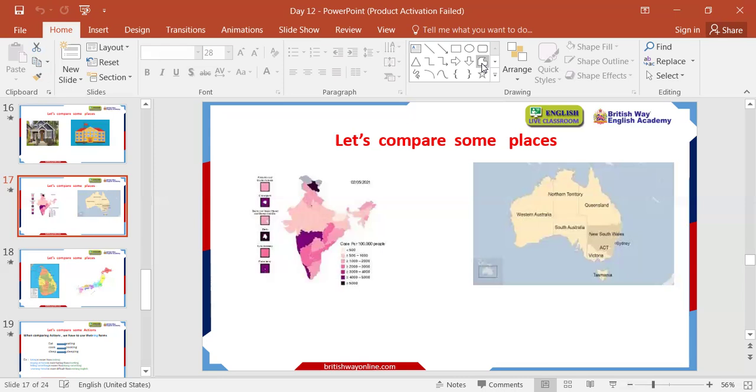Australia is colder than India. Australia is richer than India. Australia has more desert than India. Australia is a more developed country than India.